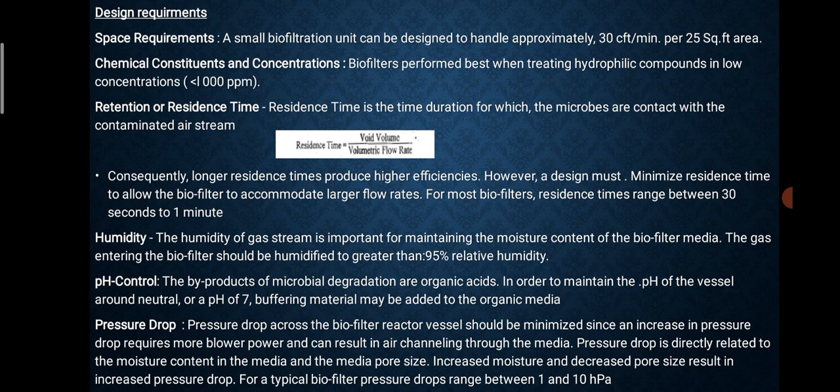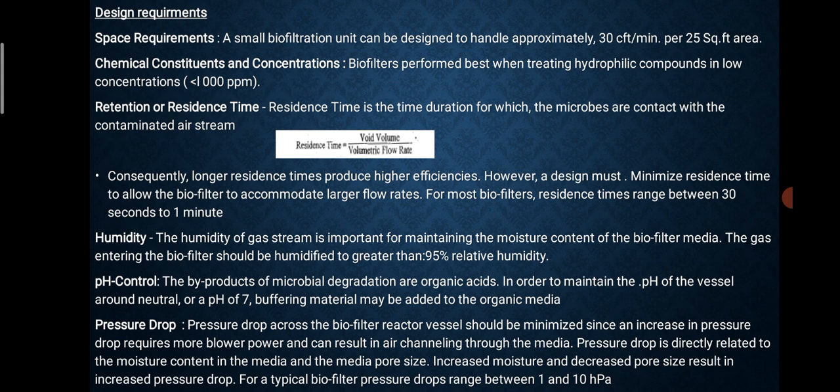Then pressure drop. Pressure drop across the biofilter vessels should be minimized since an increase in pressure drop requires more energy. Pressure drop is directly related to the moisture content in the media and the media pore size.